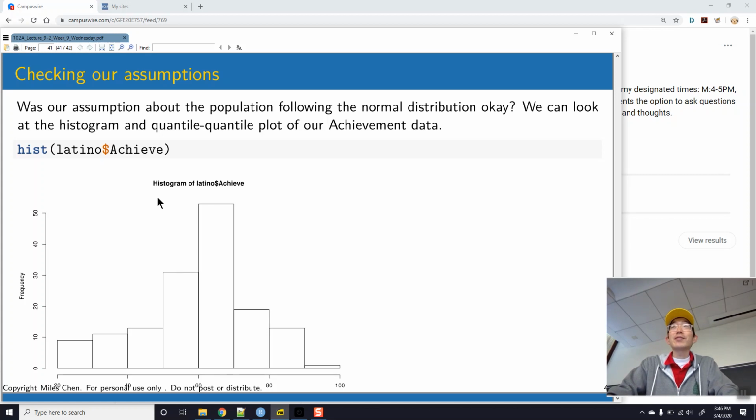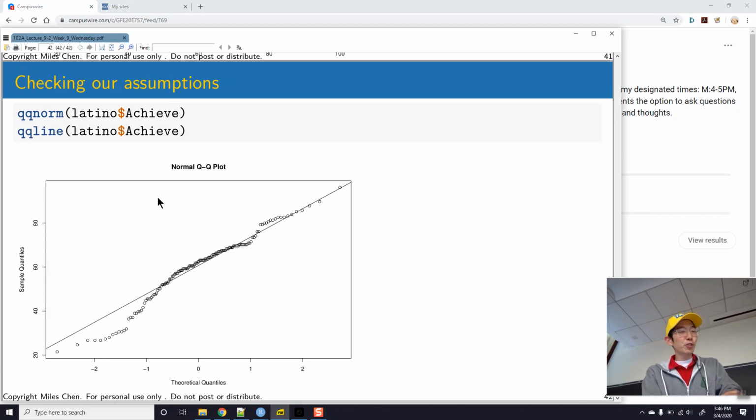I don't know. I would be a little uncomfortable saying that this came from a normal population, okay? And then if we plot a QQ plot, does that look like a straight line? I would also feel uncomfortable saying this looks like a straight line and it comes from a normal thing. And so maybe it's not a good assumption to say that this population is normal, okay? So that might not be a good assumption.